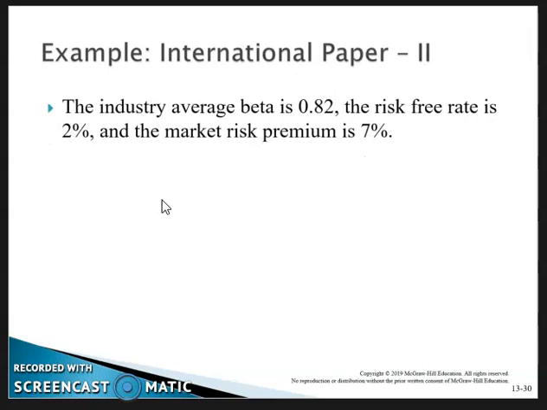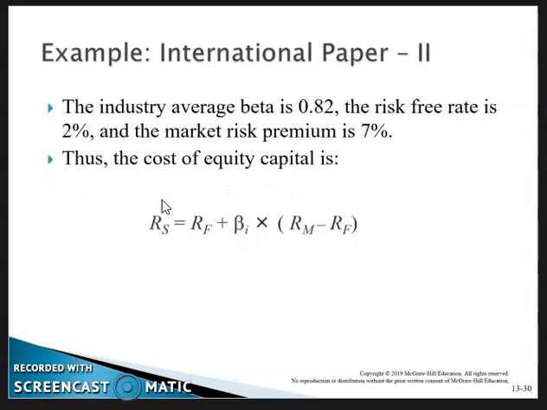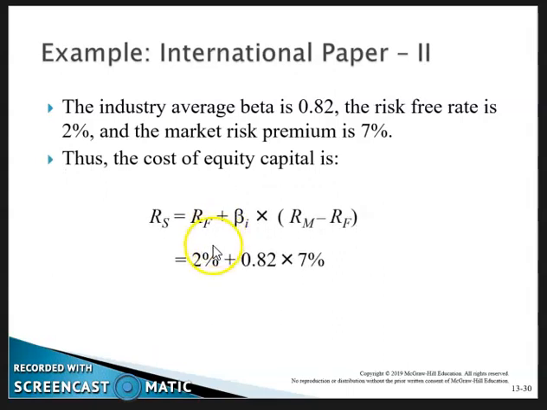So for International Paper, the industry has an average beta of 0.82. The risk-free rate is 2%. The market risk premium is 7%. So the cost of equity capital, using the CAPM, is the risk-free rate, 2%, plus the beta multiplied by the market risk premium, which gives us a cost of equity capital of 7.74%.